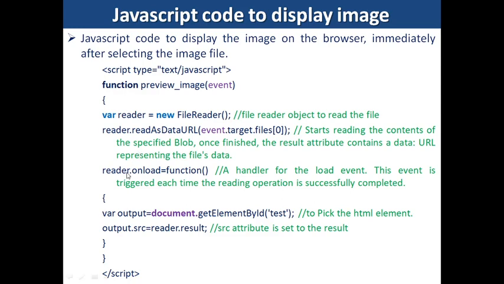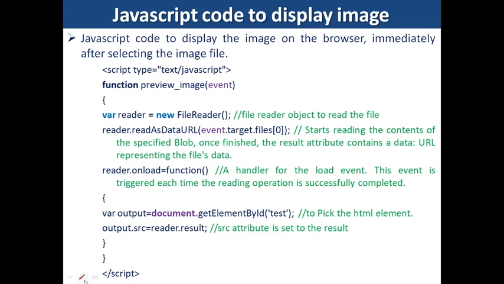And after complete load, a handler for the load event is called. This event is triggered, reader.onload, each time the reading operation is successfully completed. So when all the file data is read, then it will call the function.